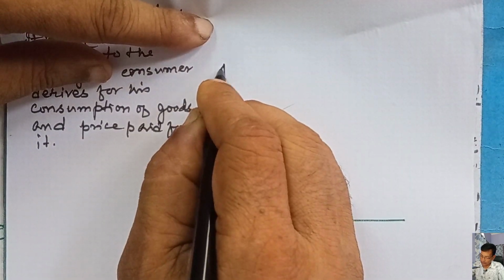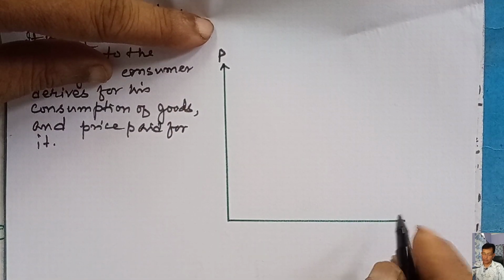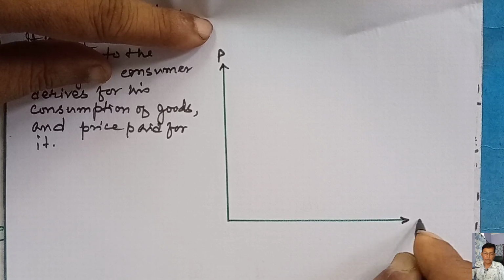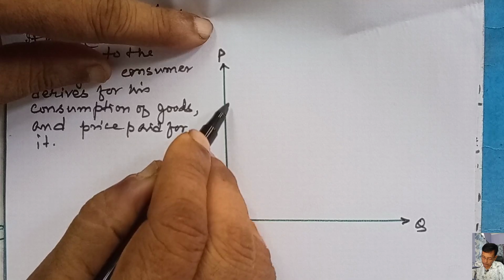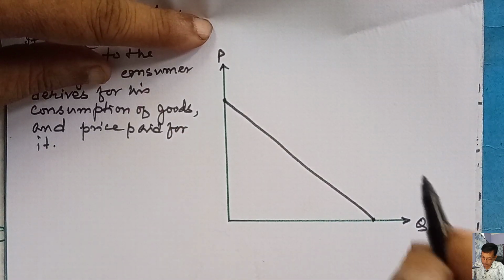If we draw the graph, the y-axis represents price and the x-axis represents quantity. This is the demand curve.